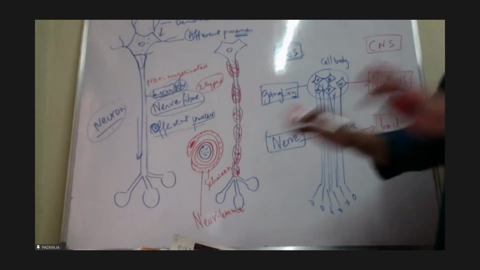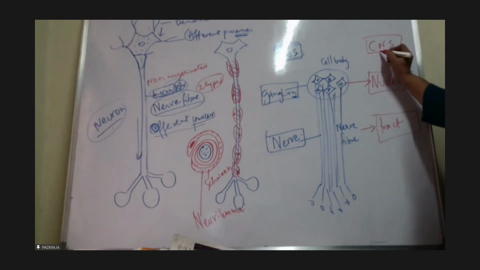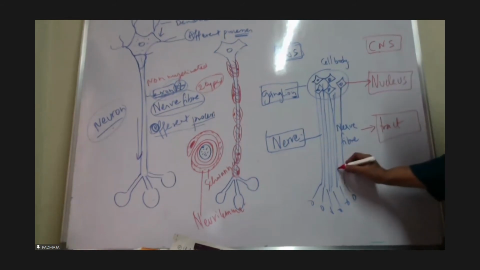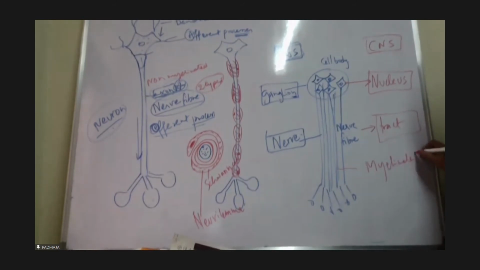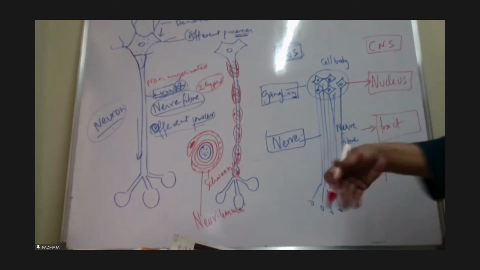Even in the central nervous system, neurons are myelinated, meaning wrapped with a myelin sheath.